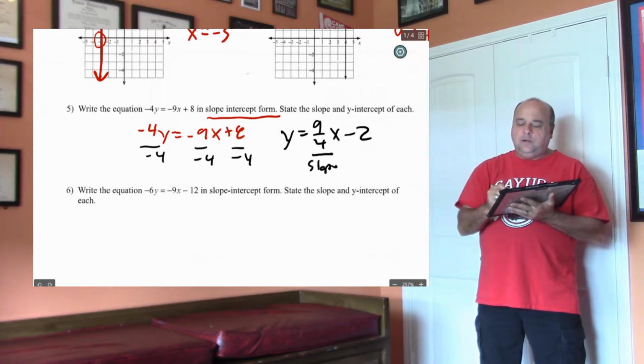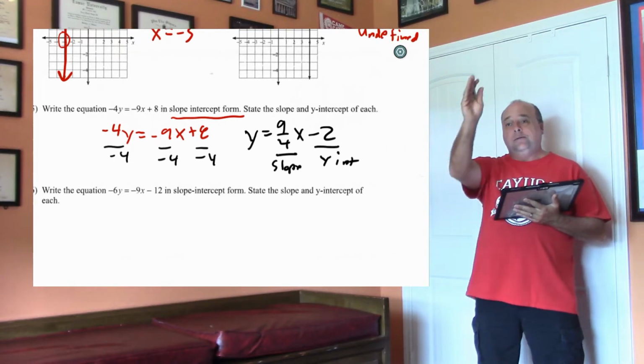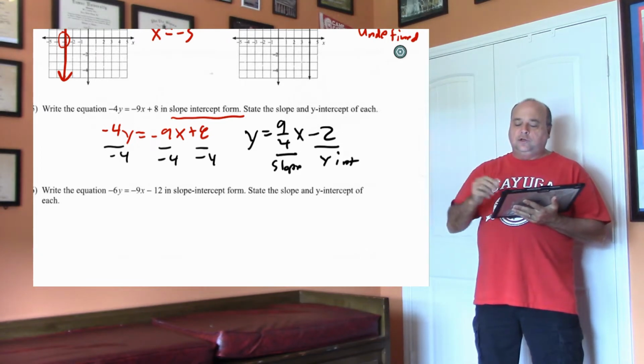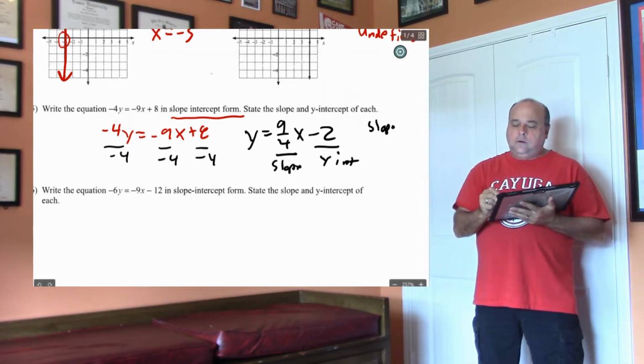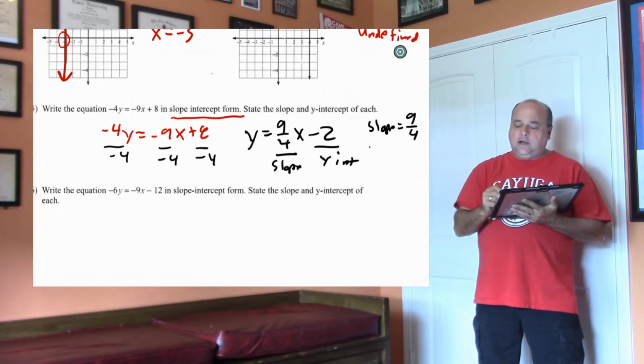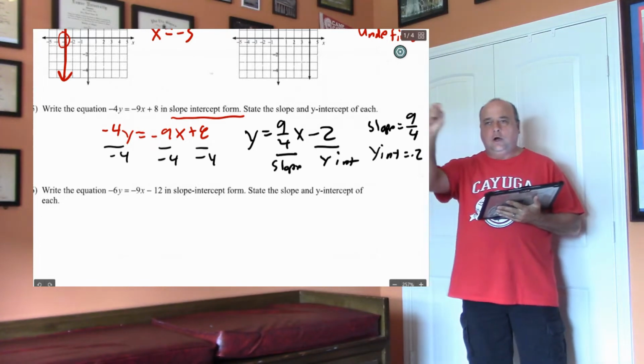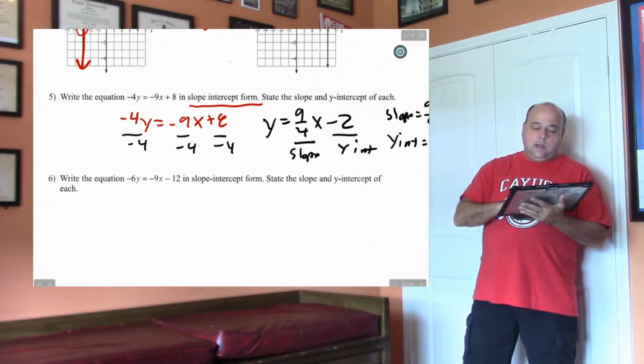This is our slope, and this is our y-intercept, right? So the line would start at the -2, and then you would go up 9, right 4. So your slope is equal to 9/4, which means up 9 right 4, and your y-intercept would be -2, which means you would start off at the -2.